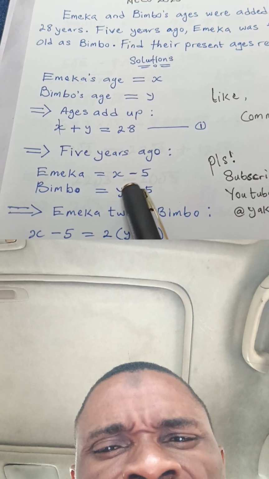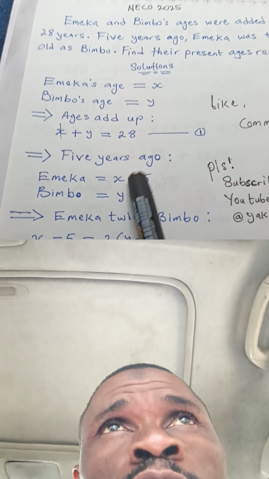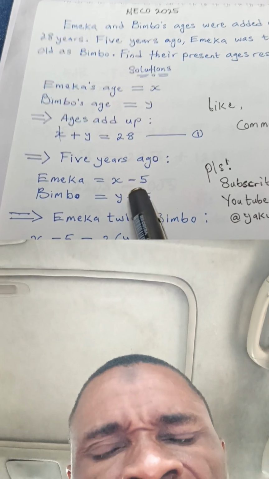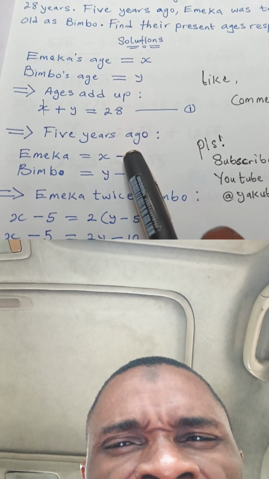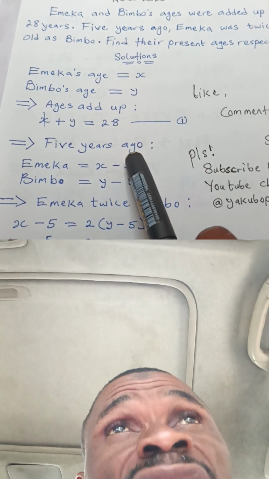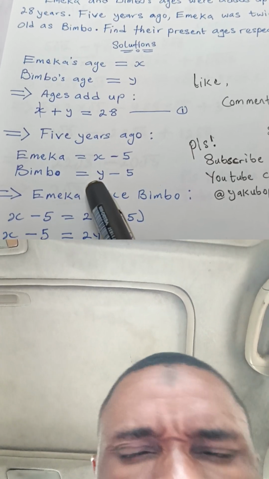If I say presently you are 15 years, and I tell you that 5 years ago, what were you? It means I just need to remove that 5 years from the present age, 15. It will give us 10. So that's the same thing.